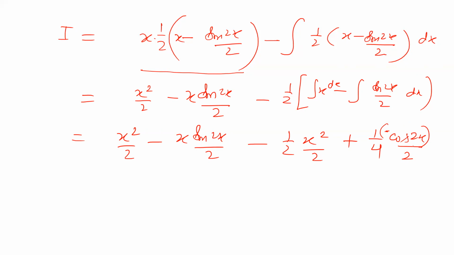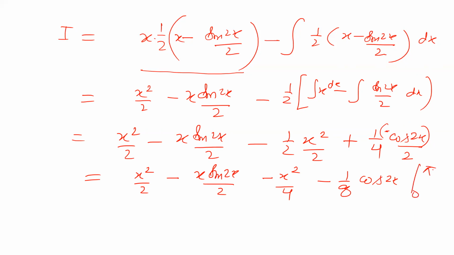So you will get x square by 2 minus x square by 4 and then minus 1 by 8 cos 2x.